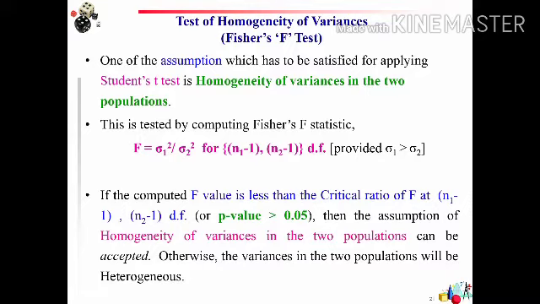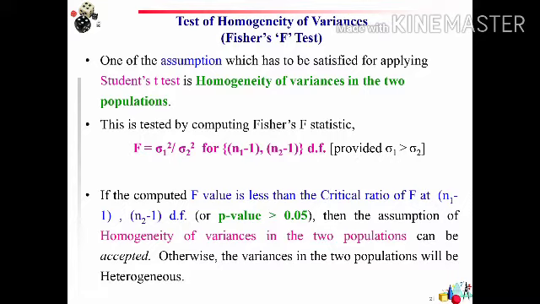This is tested by computing Fisher's F statistic, that is F equal to sigma 1 squared by sigma 2 squared for n1 minus 1, n2 minus 1 degrees of freedom, where sigma 1 squared and sigma 2 squared are the variance of population 1 and variance of population 2 respectively.